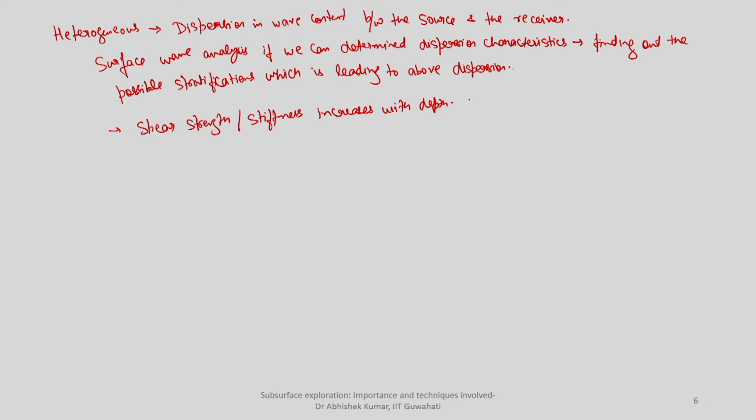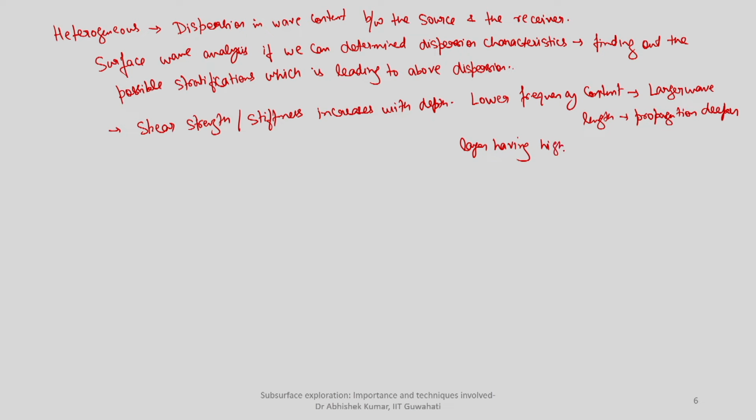Lower frequency content, which corresponds to larger wavelengths, will be propagating to deeper depths, deeper layers, having higher stiffness.